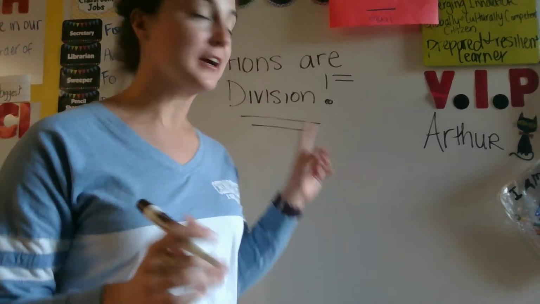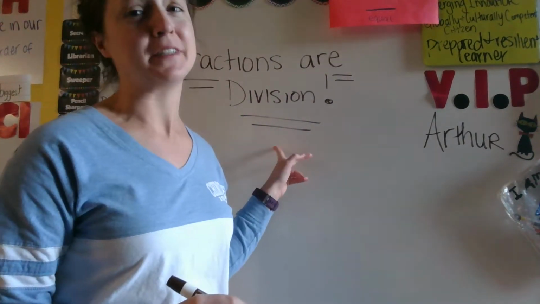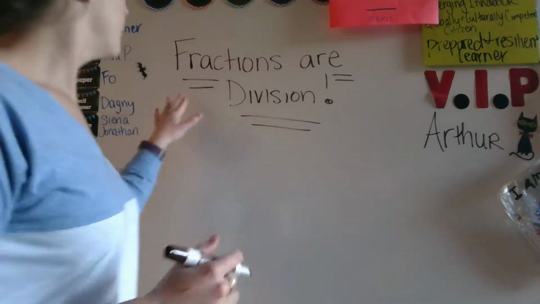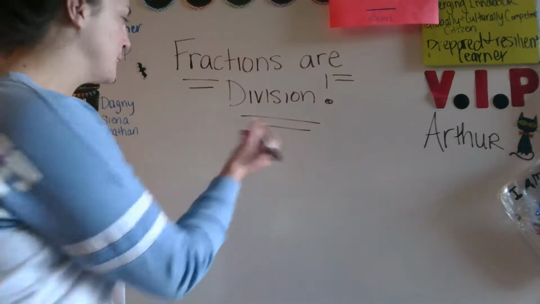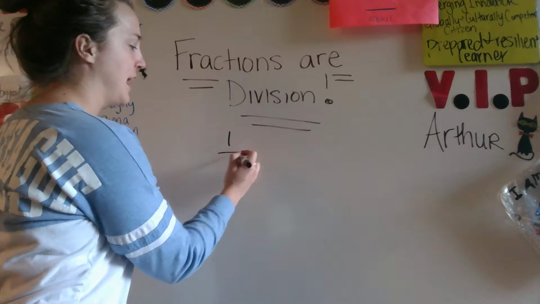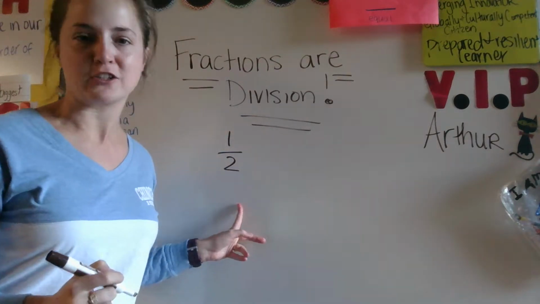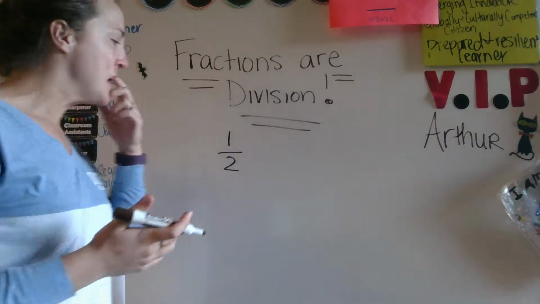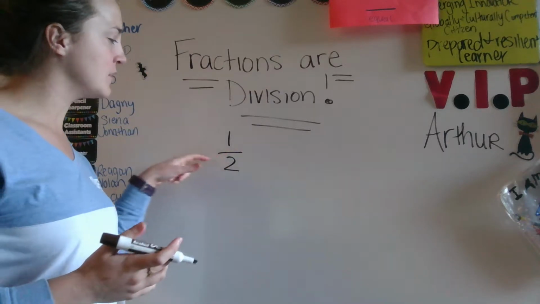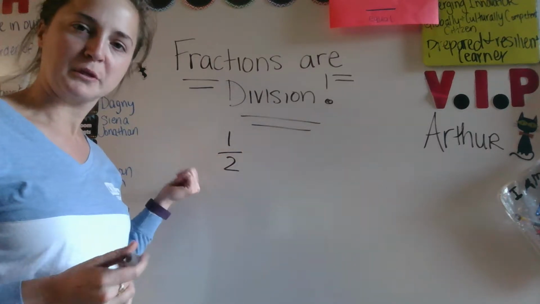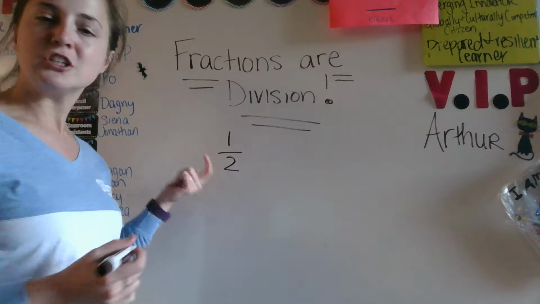Hey guys, we are going to look at how fractions are actually decimals. So when we see a fraction, like say you have the fraction 1/2. Okay, you've seen this fraction before, it's nothing new. We know that this line here, and we've talked about this when we talked about division, is actually just a division symbol.